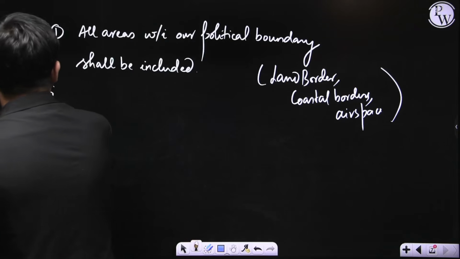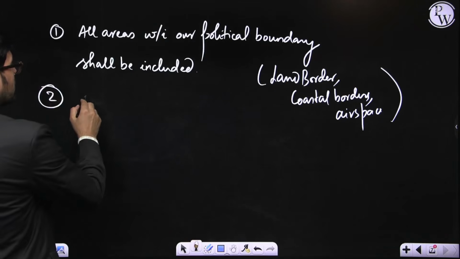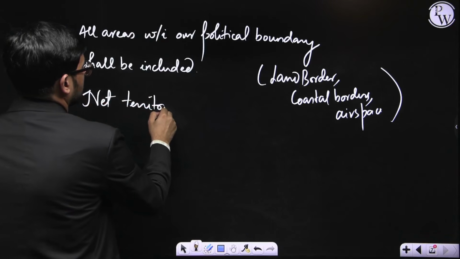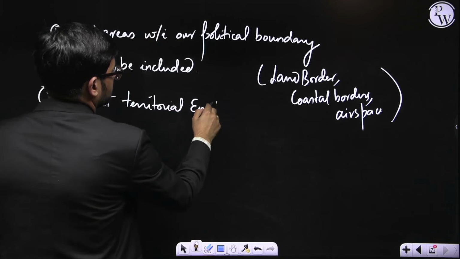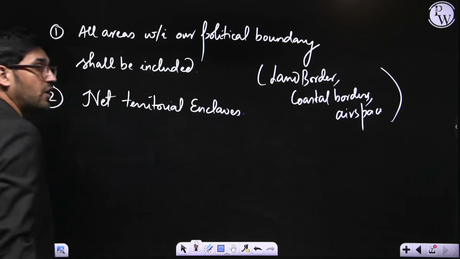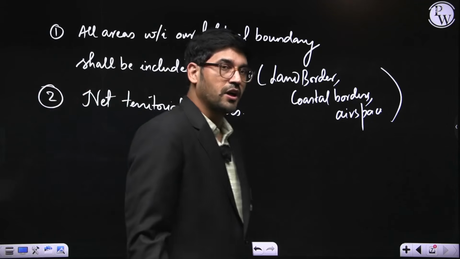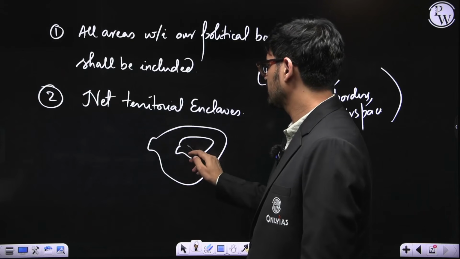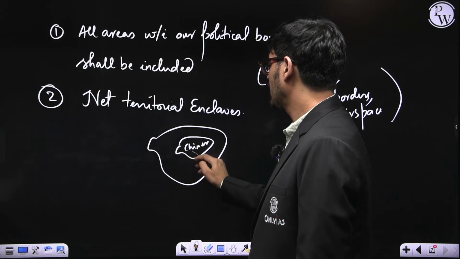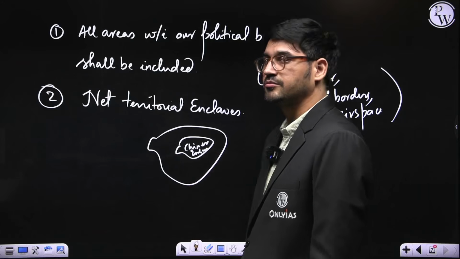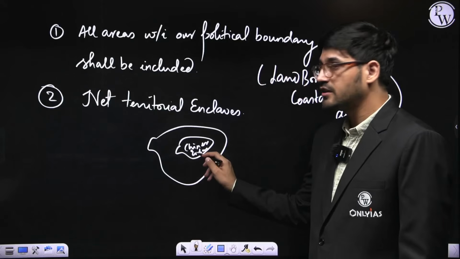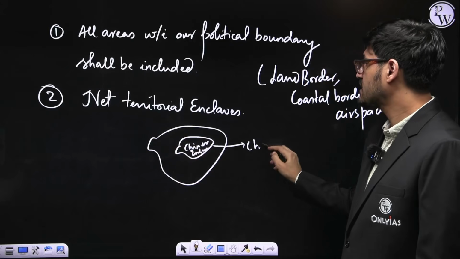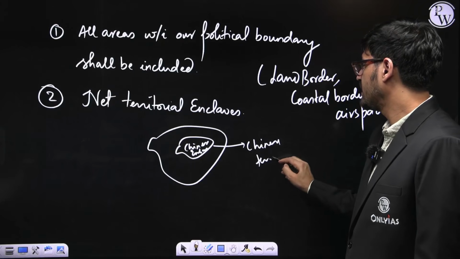The second aspect here is we will also include areas which we call territorial enclaves. For example, if in Delhi there is a certain region which is occupied by the Chinese embassy, we will consider the Chinese embassy in India as Chinese territory within India.